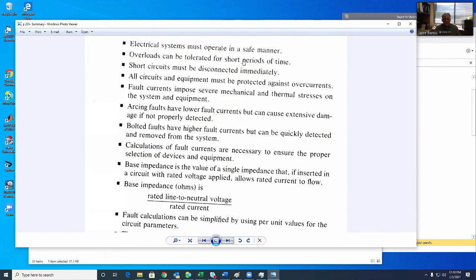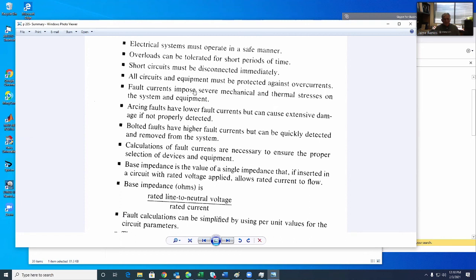Overloads are for short periods of time. Short circuits must be disconnected immediately. All circuits and equipment must be protected against overcurrent.